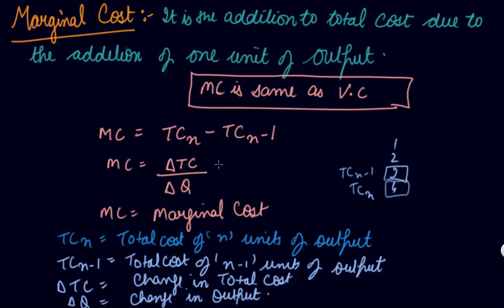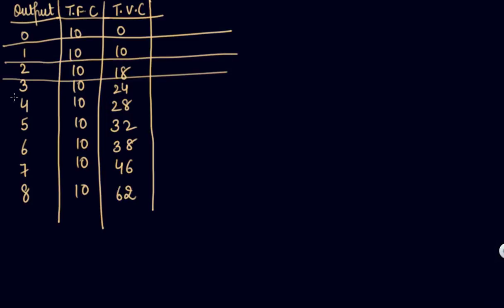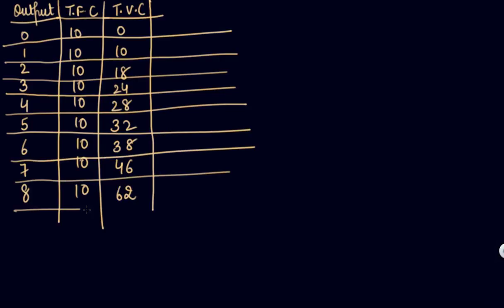So now let us calculate with the help of an example. See, this is the table I have made, right? So now, in order to calculate your marginal cost, what will you do?